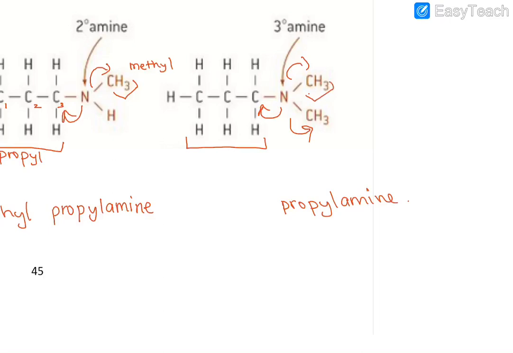Here we have still the propyl chain, so it's still a propylamine. And you have a methyl and another methyl attached to the nitrogen. So here it's going to be N,N-dimethyl propylamine. So there are 2 methyl groups attached to the nitrogen.